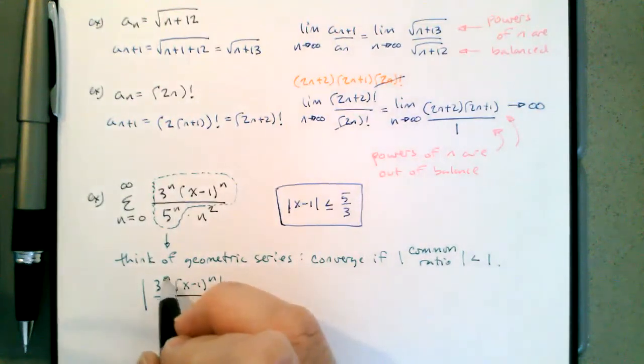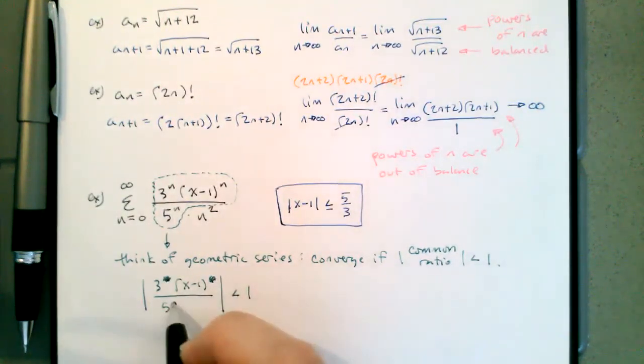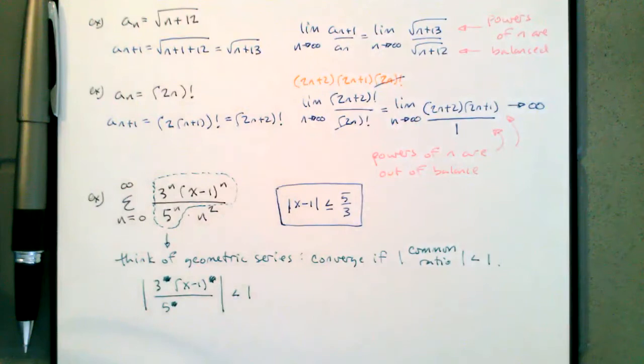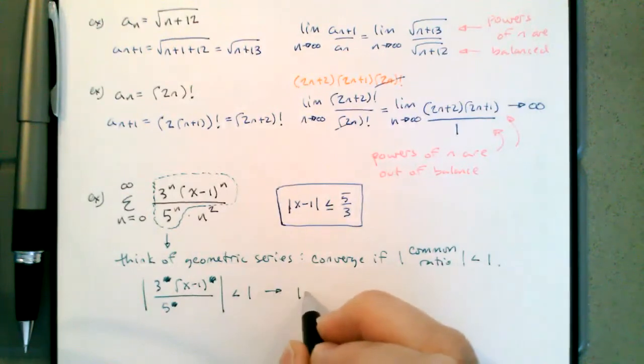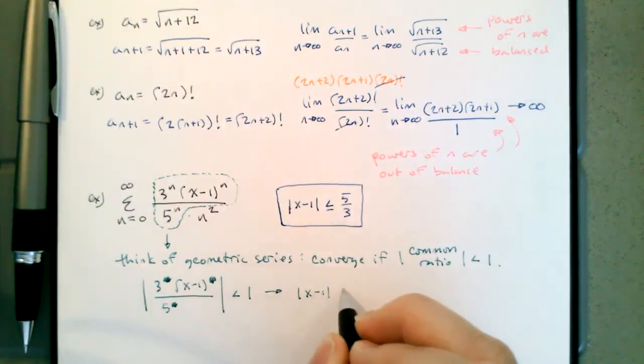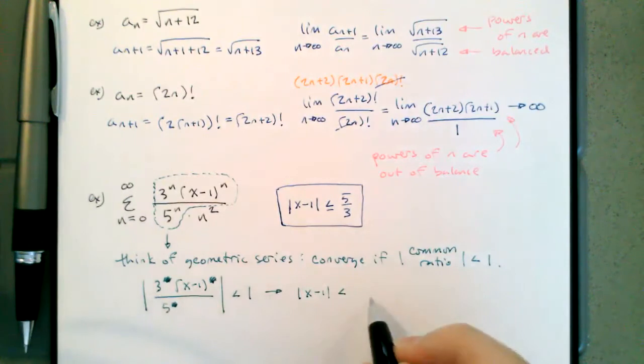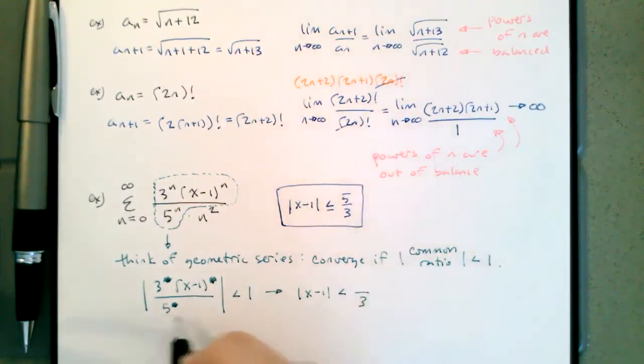I don't need the n's with the common ratio. My common ratio will be 3 times (x minus 1) over 5. And if I solve this for the absolute value of x minus 1, I have to divide by the 3 and multiply by 5. Got it. Okay, thank you.